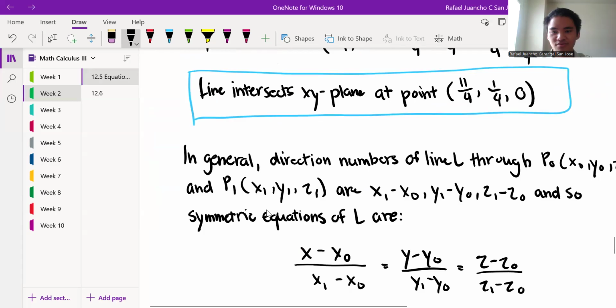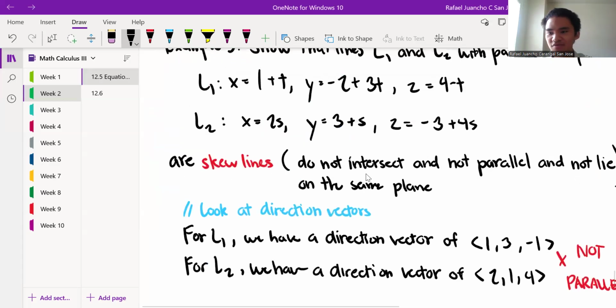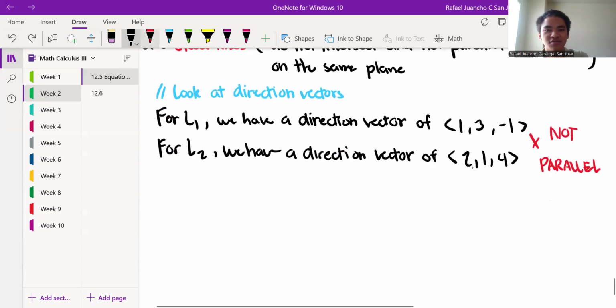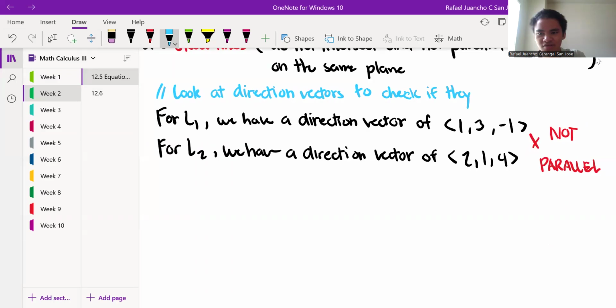How do we know if they lie? Actually, we can check this. Oh no, we're only checking if it's parallel and if it intersects. If they're not both, then they don't lie on the same plane. That's the idea. So we're also going to check if they intersect. So here we check direction vectors to check if they're parallel. Okay, so they're not parallel. Next, we look at their intersection.